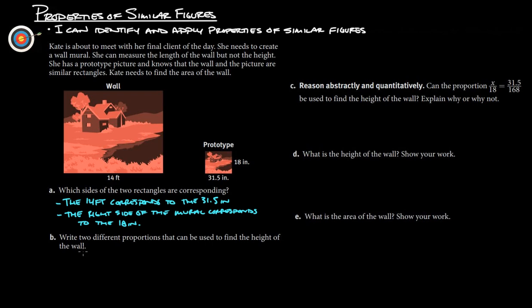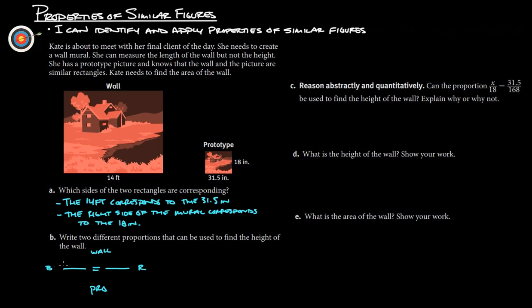For part B, write two different proportions that can be used to find the height of the wall. So we can do this. Let's do the wall, and then the prototype, setting up a ratio here. On the wall, this can be the bottom, and this could be the right side.